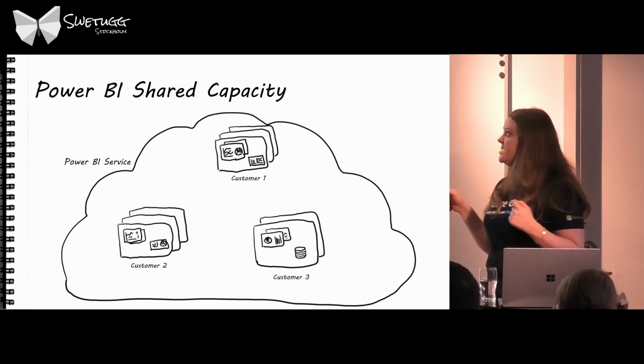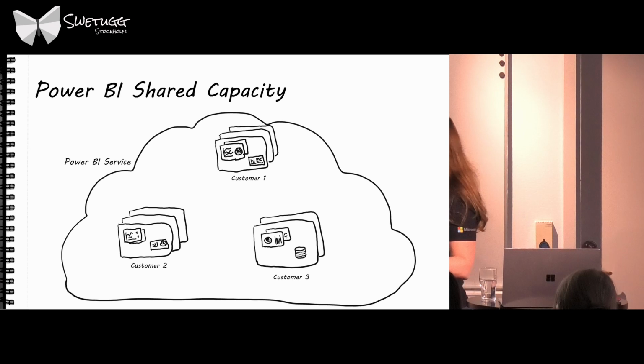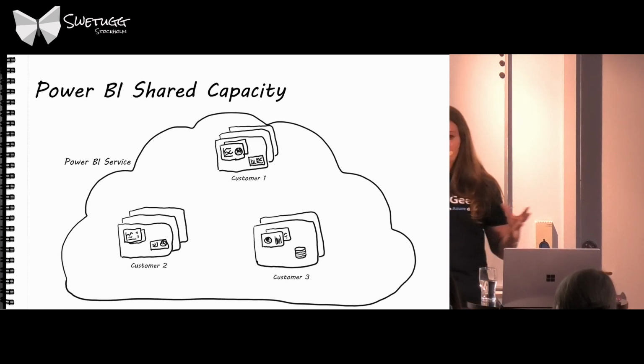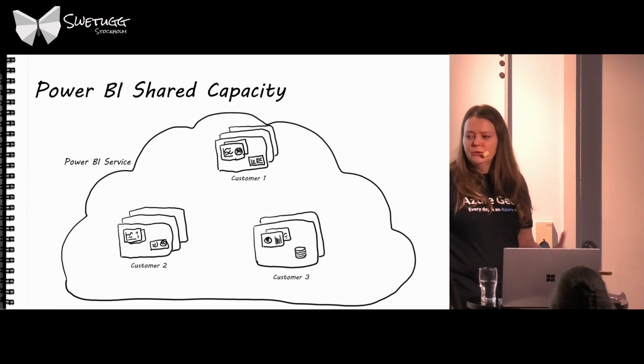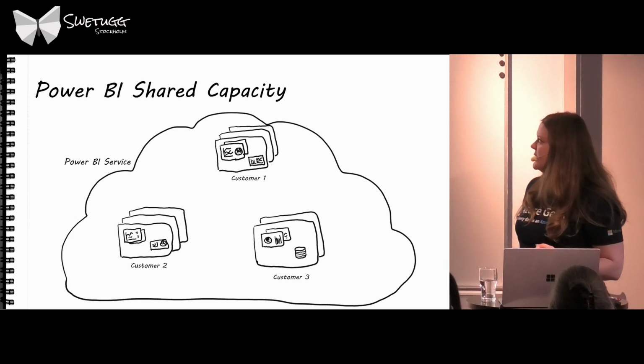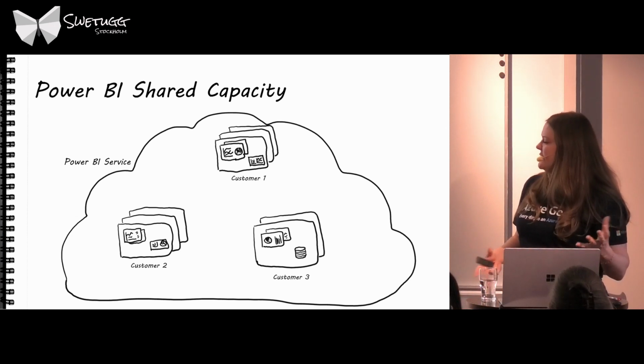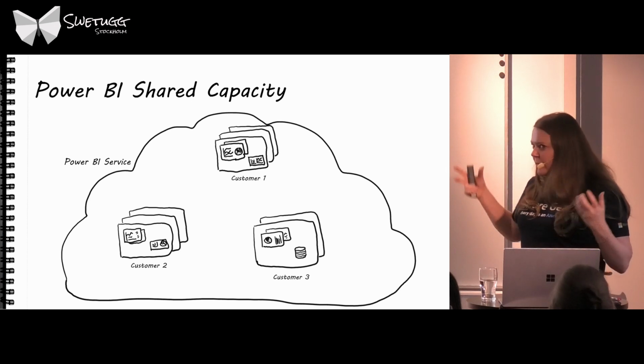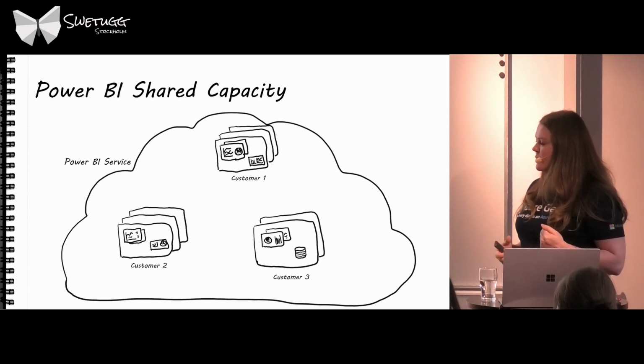Shared capacity is a set of resources in one Power BI region, which is shared between all customers using Power BI. So performance depends on usage. It's a pool of resources, but if there is a lot of usage, there is a risk of heavy resource consumption.